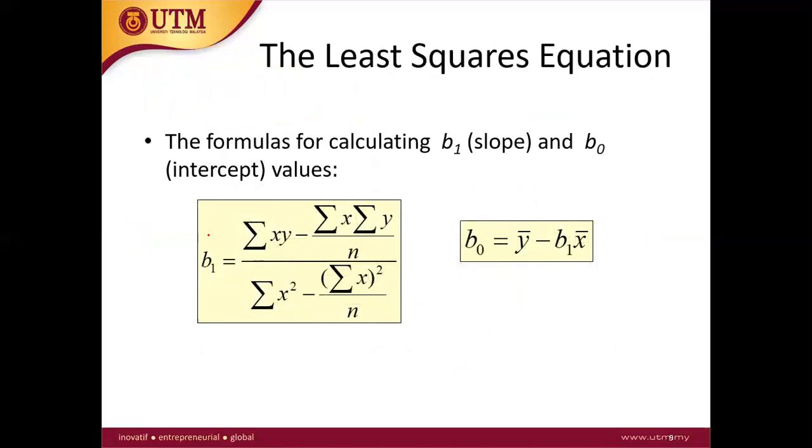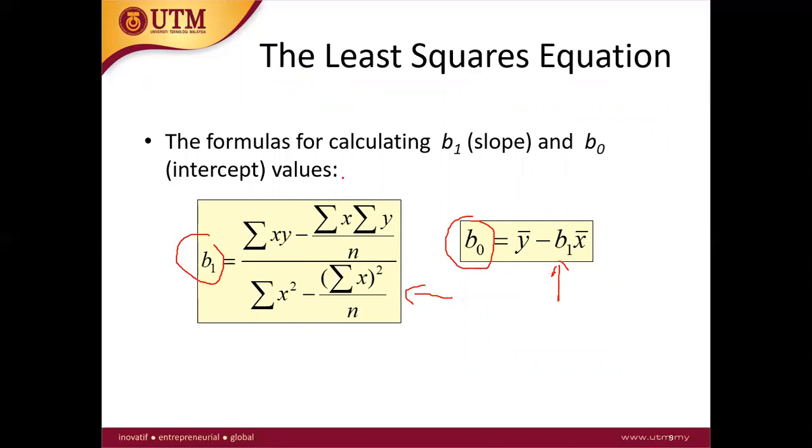In order to calculate the slope value and intercept value, we need a formula. This is the formula for calculating the intercept and slope value, B0 value or slope value.